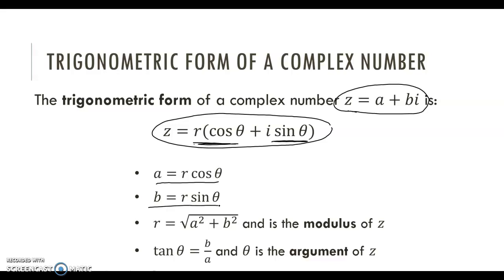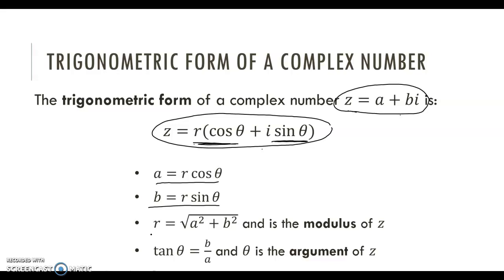Using these conversion equations that are bulleted, we are going to do a few examples that convert back and forth between the standard form and the trig form of the complex number. In order to find r, we take the square root of a squared plus b squared.